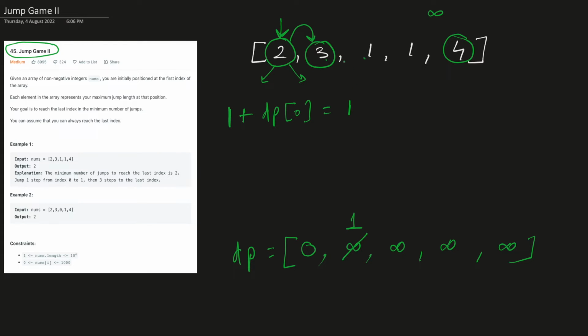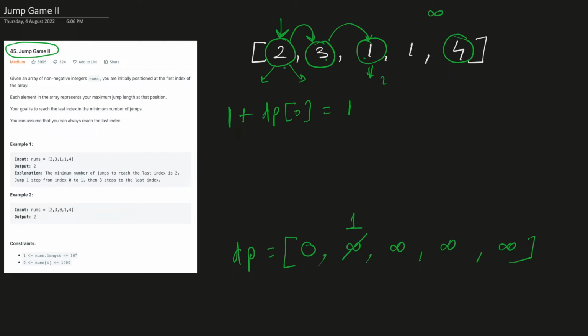Great. Now, is there any element remaining that we could check? No, no element is remaining. So we will move on to the next one, the 1. We will start at 2 again. How many steps are required to reach 1? Can we reach 1? 0 plus 2 is the index 2, and we could reach here via 2.